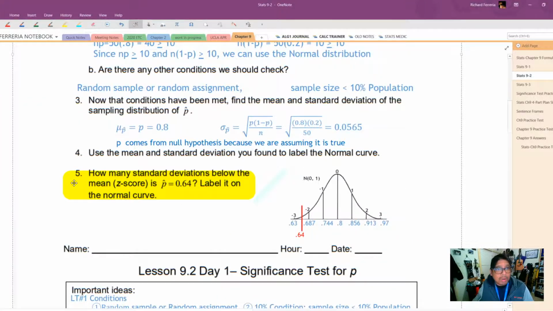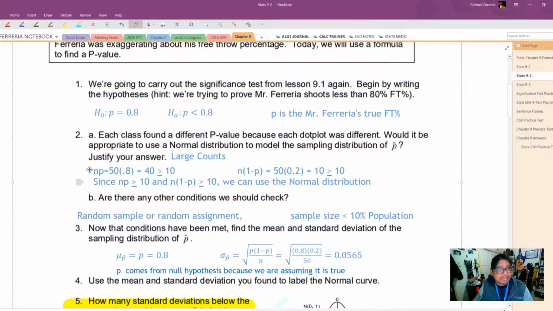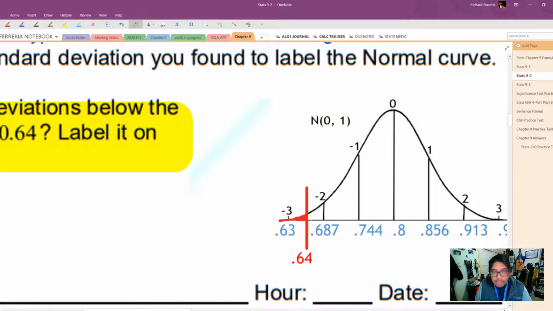Scrolling up to our alternative hypothesis over here, it is less than. So when we compute area, we need to go less than my test statistic, meaning that this red area over here that I've gone ahead and colored in, that's going to be my p-value. And that's very small.